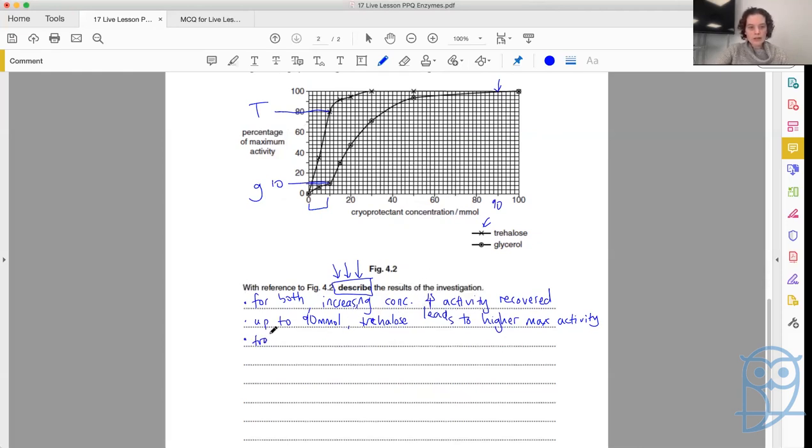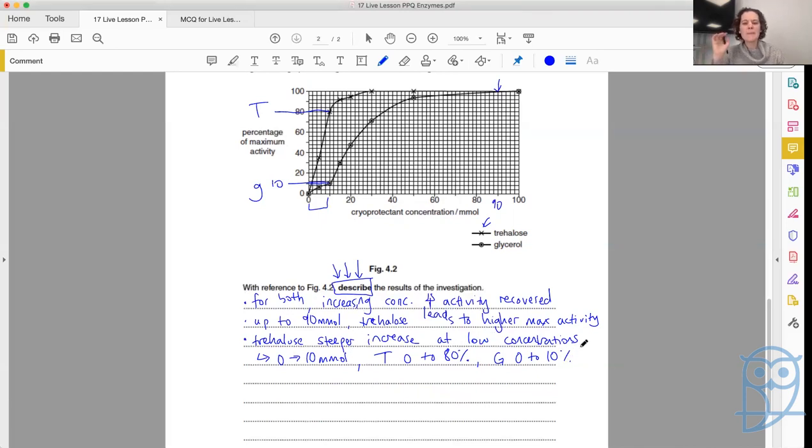So we could say that trehalose has a steeper increase at low concentrations. And here is an ideal place to use our data. So it's 0 to 10 millimoles. Trehalose is going to go from 0 to 80%. Glycerol is going to go from 0 to 10%. That is a massive difference. So a nice little point to describe.